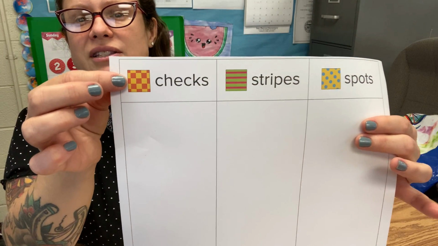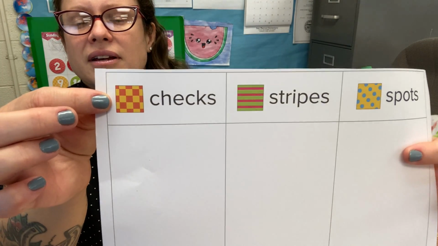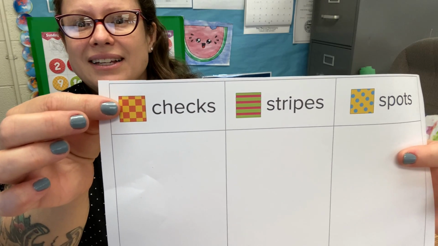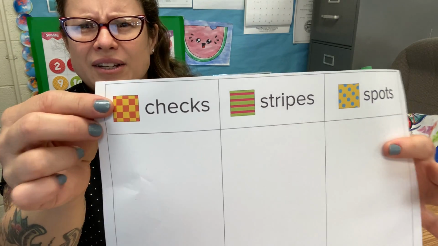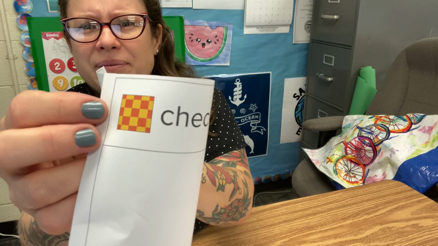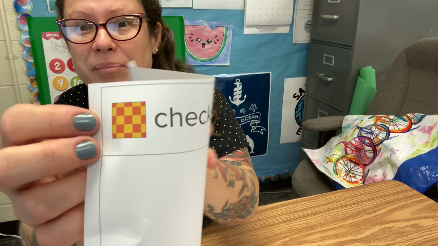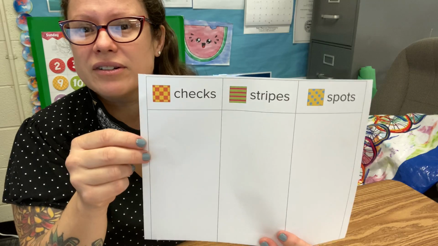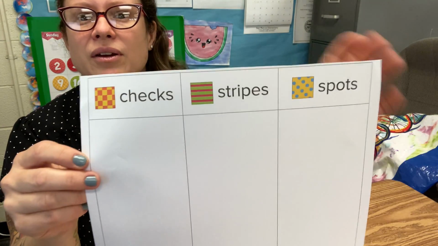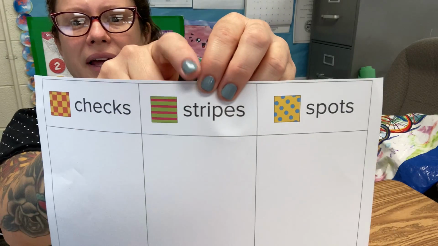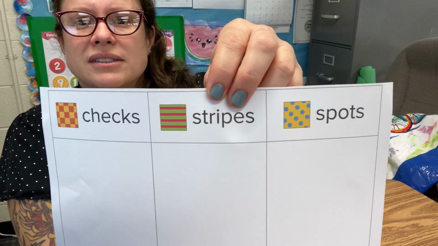All right, so this first design is called checks. Checks. What do those checks look like? Look like little boxes or little squares. And there's a few different colors, aren't there? What's this pattern or design called?